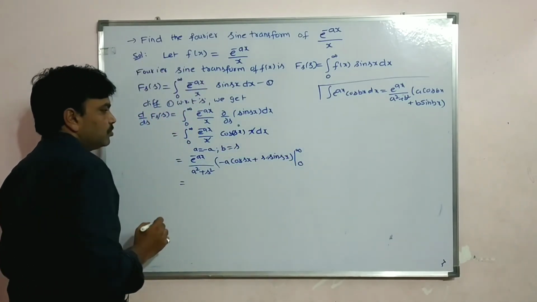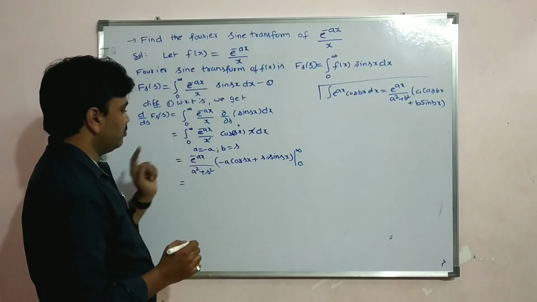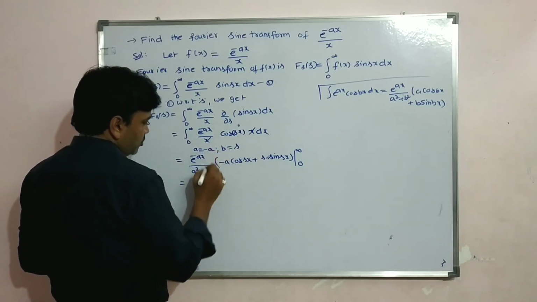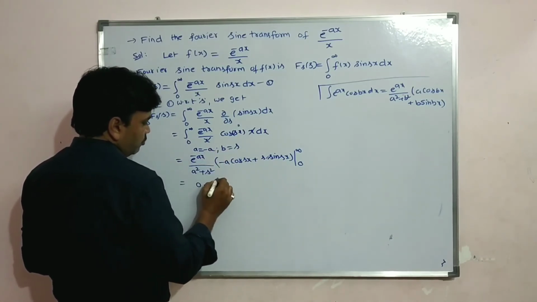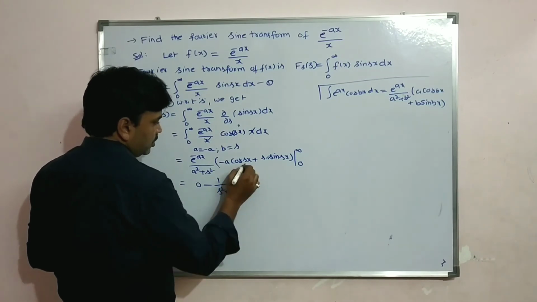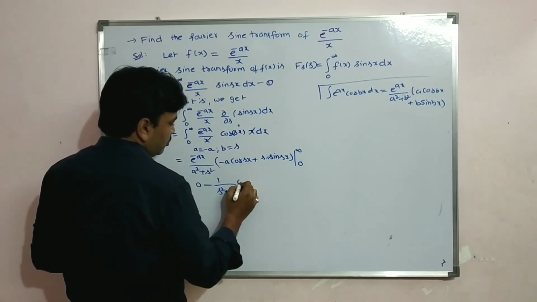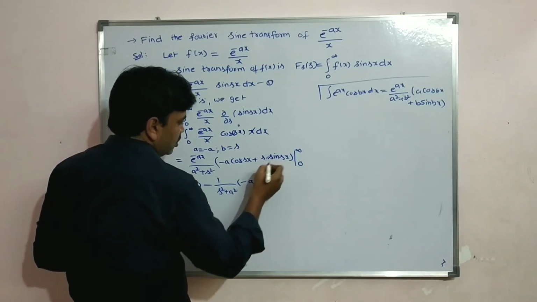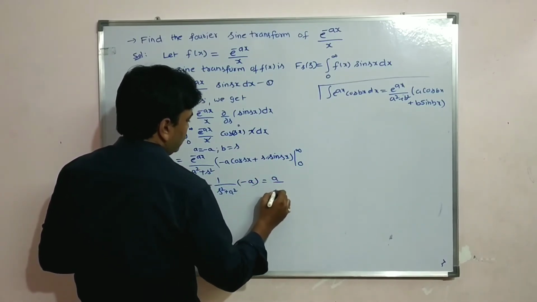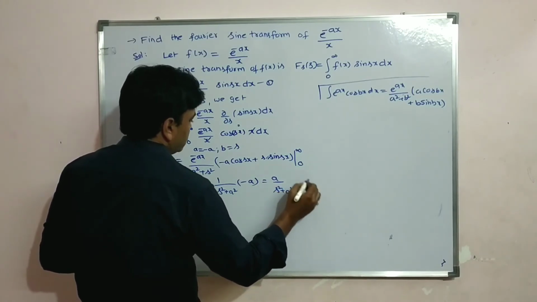For the upper limit, e power minus infinity, the value is 0. Substitute the lower limit: minus e power 0 times 1 by s square plus a square into minus a cos 0, where cos 0 is 1, plus s sin 0, where sin 0 is 0. So we get a by s square plus a square.